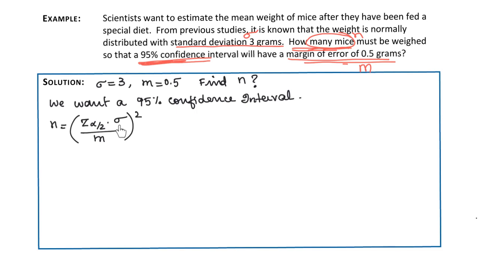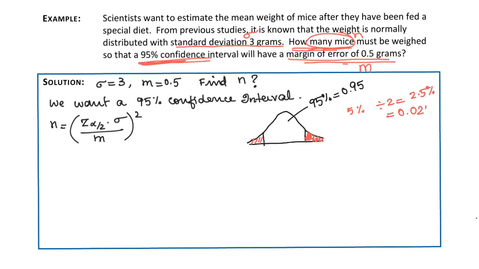So in this formula we know sigma and m, but we don't know the critical value. So first find the critical value at 95% confidence. So this is 95%, that means 0.95. So the remaining area, the sum of these two areas, will be 5%. So each one will be 5% divided by 2, that is 2.5%, or in decimal 0.025.